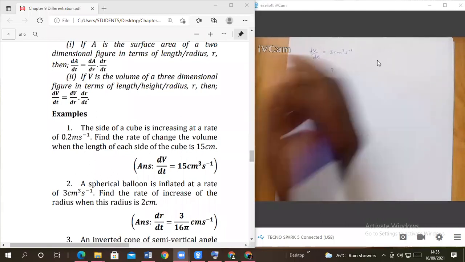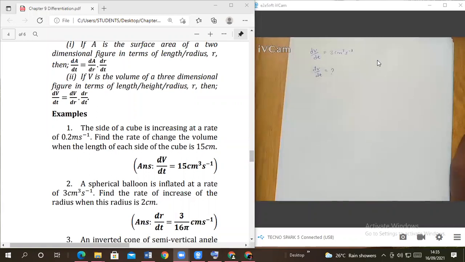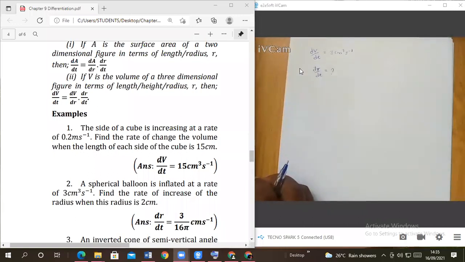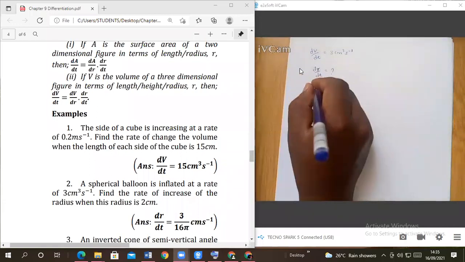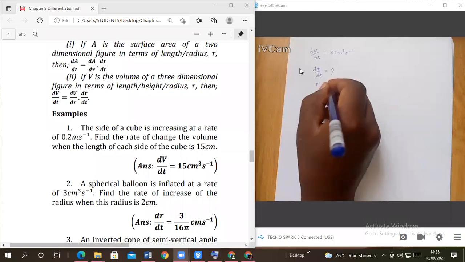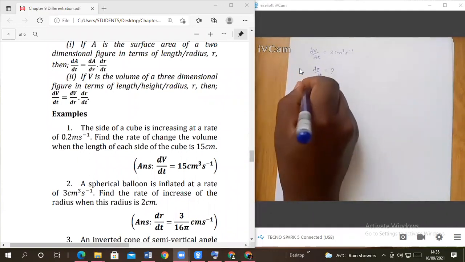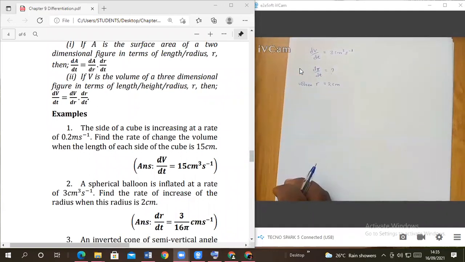So we are looking for dr/dt. That is the dr/dt that we want at a time when r is equal to 2 centimeters. When r is 2 centimeters, what is dr/dt?